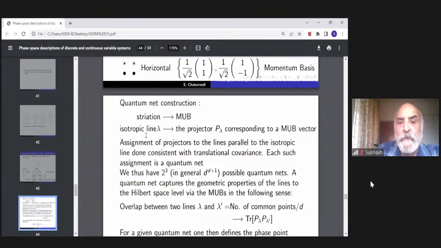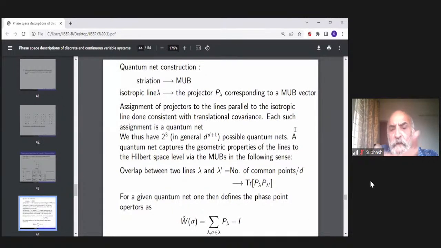To each isotropic line, you associate a projector corresponding to that mutually unbiased basis vector. You associate vectors with the other lines consistent with the displacement. So you apply a displacement operator of the requisite amount to go from the isotropic line to a line parallel to it. This is the construction.